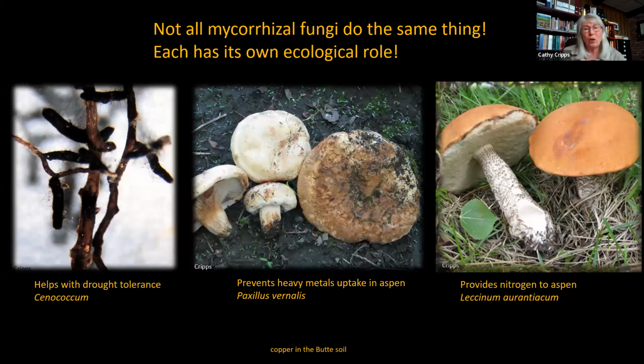And those heavy metals, the copper is stopped at the mycorrhizae so it doesn't get up into the aspen, so that the aspen can actually grow on those heavy metal sites. That's why some fungi are used in reclamation. And there are others, such as the orange cap boletes here, the Leccinums, provide a lot of nitrogen to the aspen. So every fungus has its own ecology. I'm just mentioning a few. So something to keep in mind.